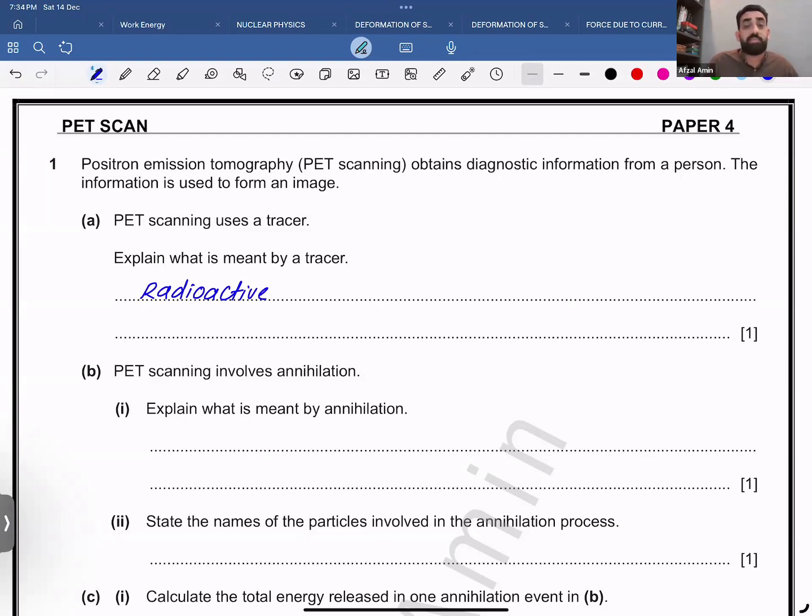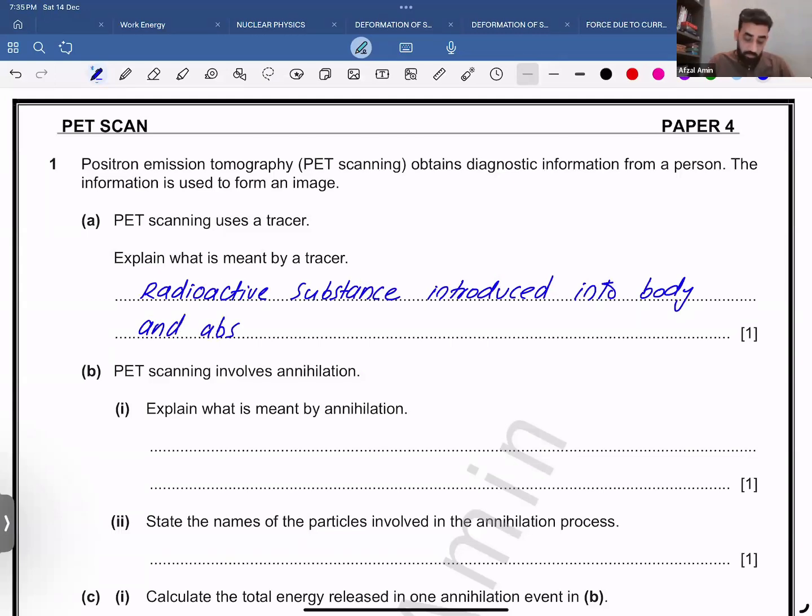You can say radioactive substance, you can say radioactive material. Introduced into body and absorbed by tissues to be studied.